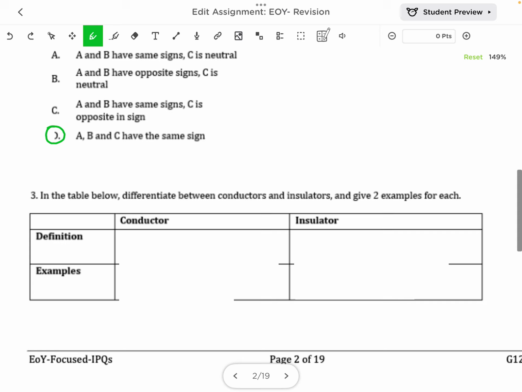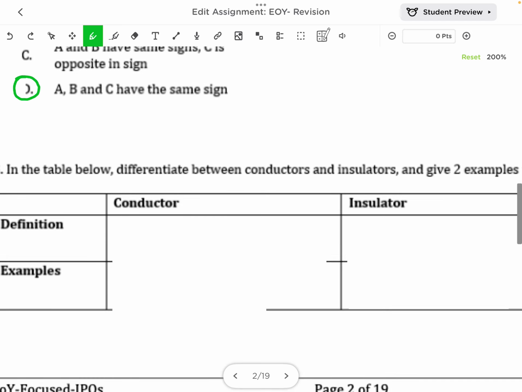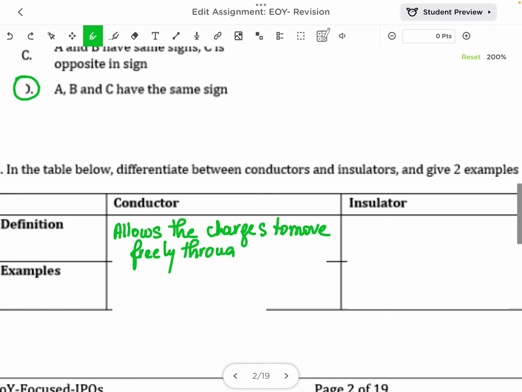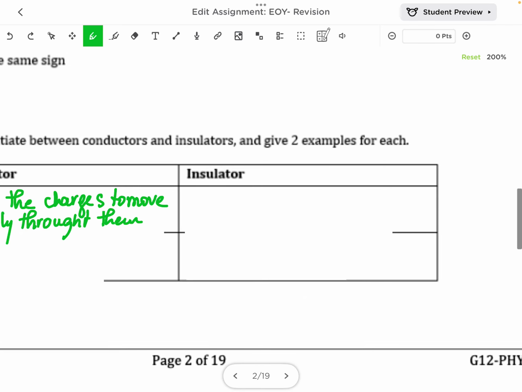So basically the main difference between conductors and insulators is that conductors allow the charges to move through them freely, while insulators don't. Insulators are the opposite.